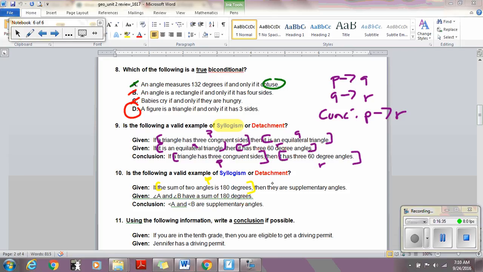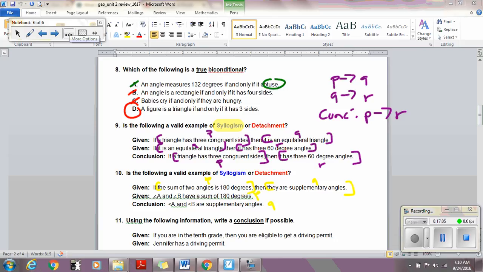And then they are supplementary angles will be Q. Then it tells us specifically that angle A and angle B have a sum of 180 degrees. So we talked about the sum of 180 in P, so this is P. Conclusion, angle A and angle B are supplementary. We talked about supplementary in Q.